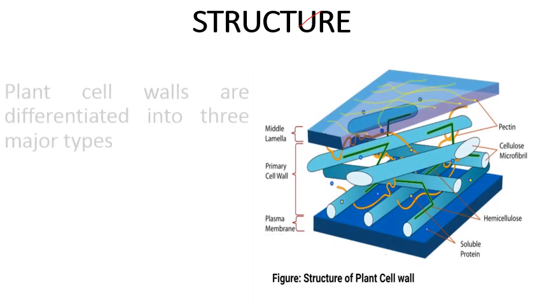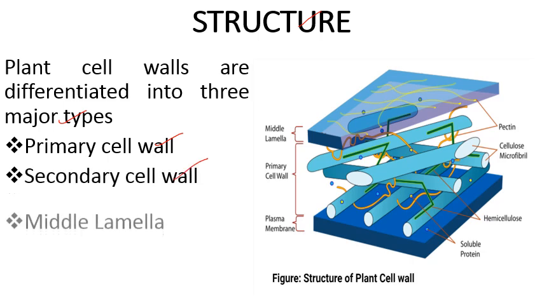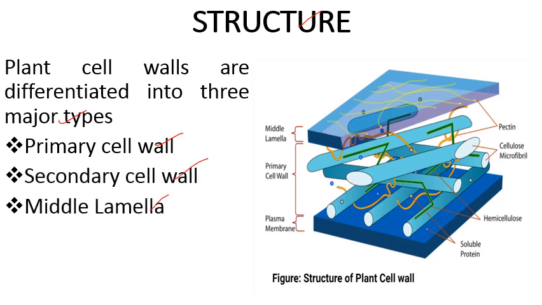Next comes structure. मेनली जो सेल वॉल है ये डिफ्रेंशिएट होती है तीन मेजर टाइप्स में. We have primary cell wall, then secondary cell wall and middle lamella. तो ये जो स्ट्रक्चर है which is present between the plasma membrane and middle lamella, इसे कहा जाता है प्राइमरी सेल वॉल.